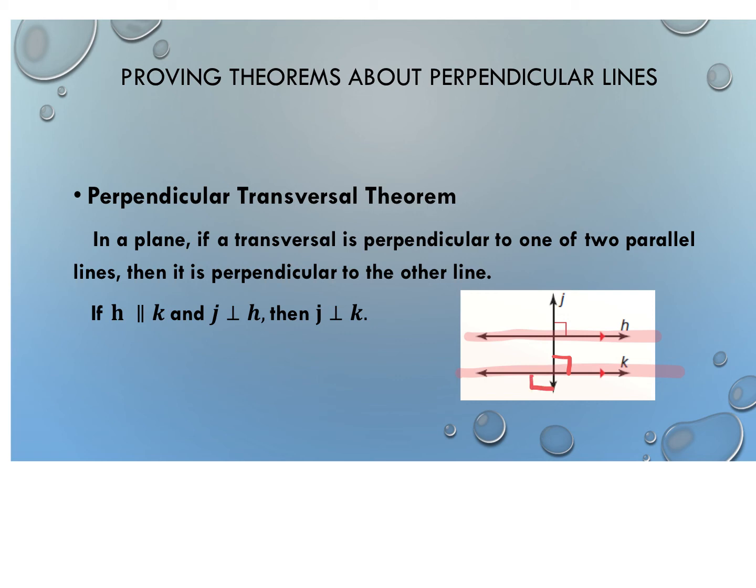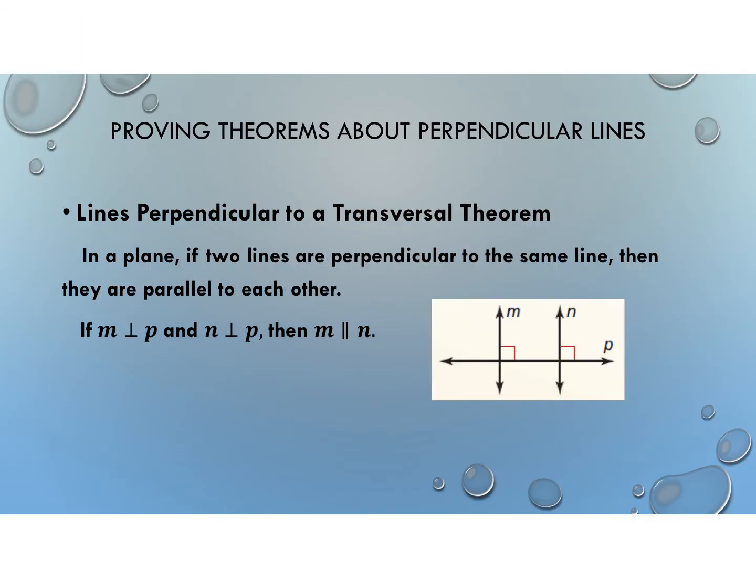Either way, as soon as you put in one right angle out of those four, it's going to make J and K perpendicular.